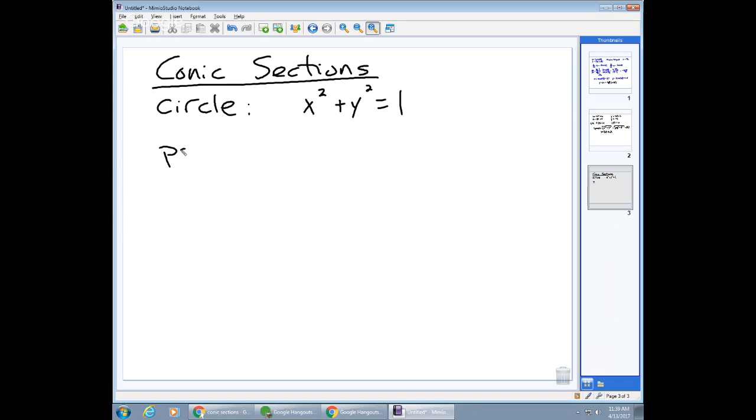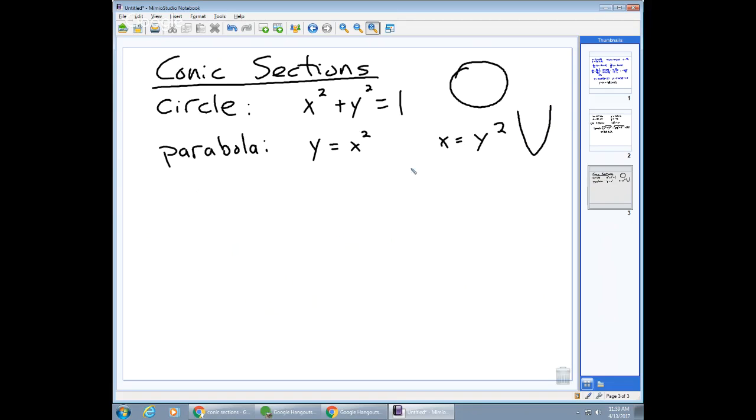We have the parabola. Things like y equals x squared or x equals y squared. So circle, parabola, something like that. Ellipse.